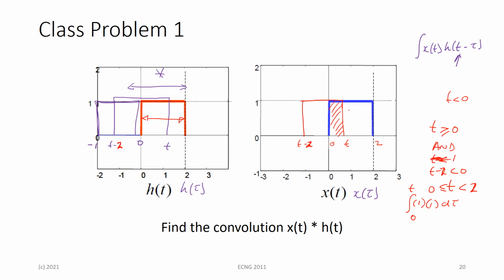So as we keep increasing, you see this overlap zone as h(t minus tau) moves, the overlap zone will keep getting bigger until we have the situation where h and x are totally overlapped, because both of them in this case happen to be 2 time units in duration.